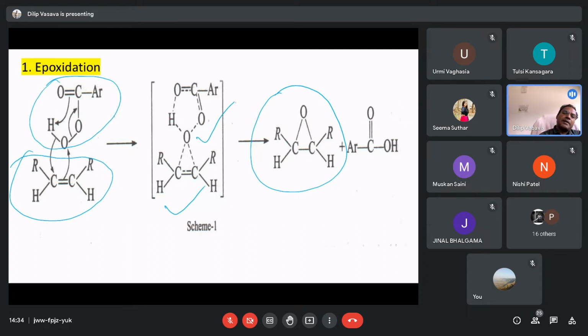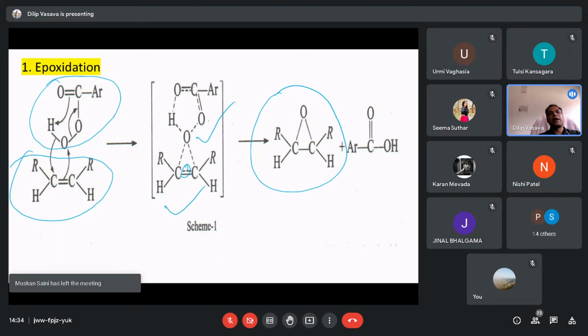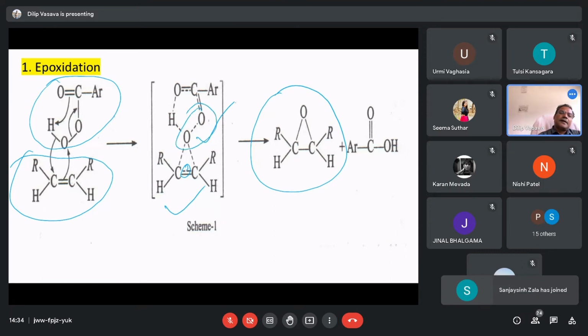That is why this pi bond is given in a dotted line, because this pi bond is going to be cleaved. So far it is the use of acids. This is how the oxygen linkage takes place, and in the later stage, one of the oxygens, the nascent oxygen, only a single oxygen, comes in. This single oxygen forming the cyclic structure is known as the epoxide.